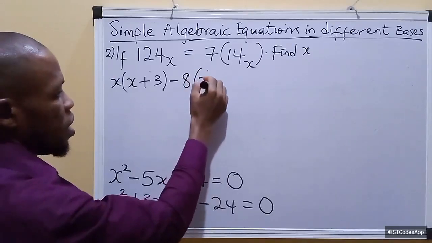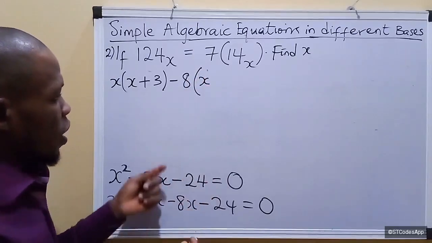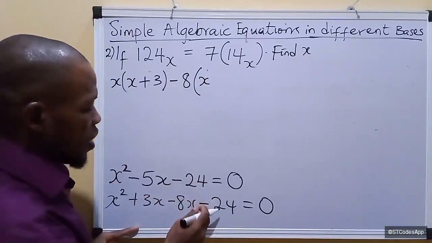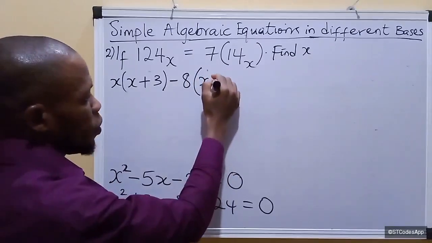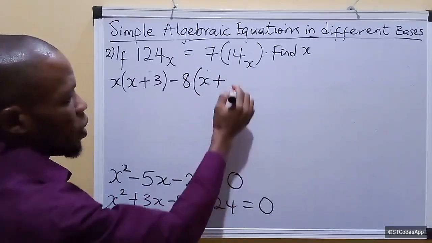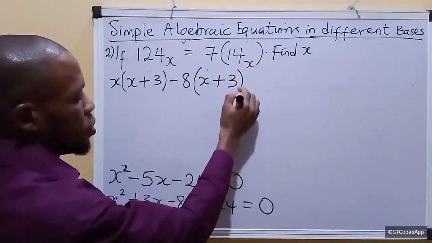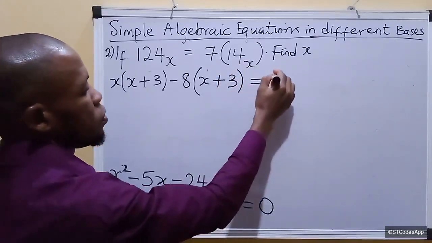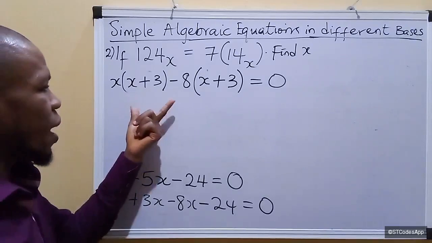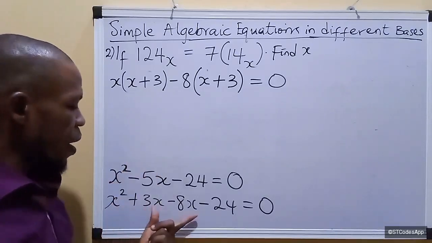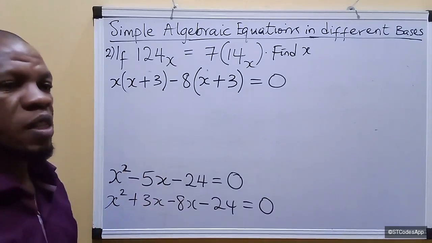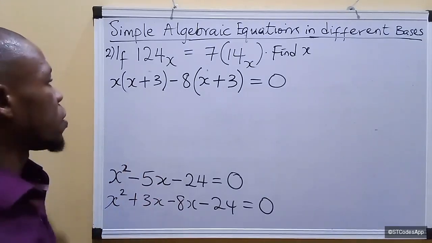What is left here is x. Now, since we have negative sign outside the bracket, this sign here is going to change to positive. So we have plus 8. 24 divided by 8, we are going to have 3, equal to 0. Now, when we open this bracket, we are going to have exactly the same expression we have here. Remember, factorization and expansion are just opposites.